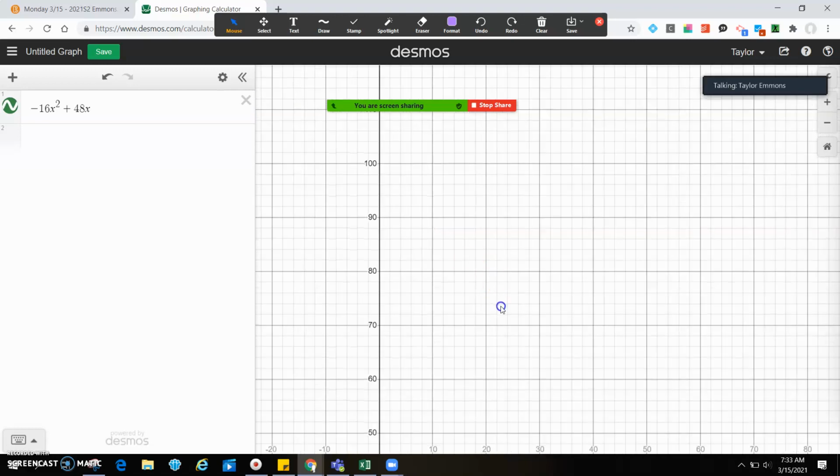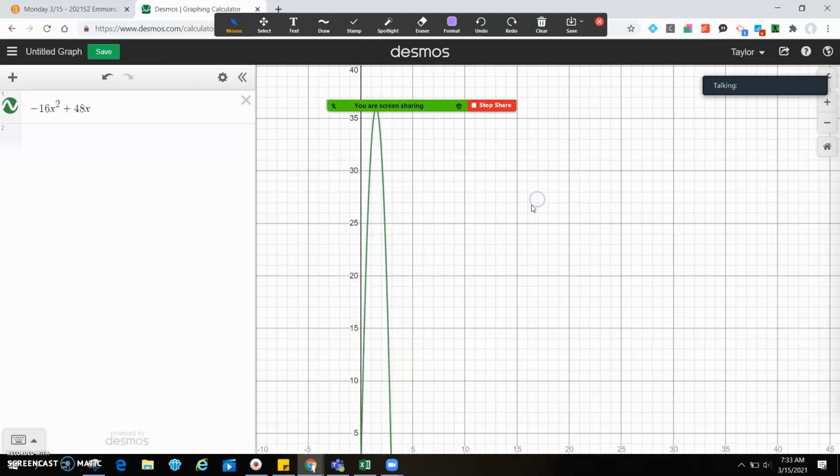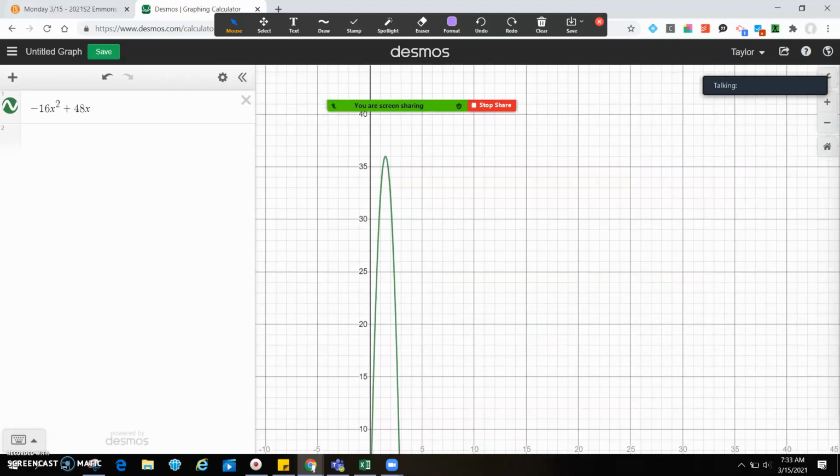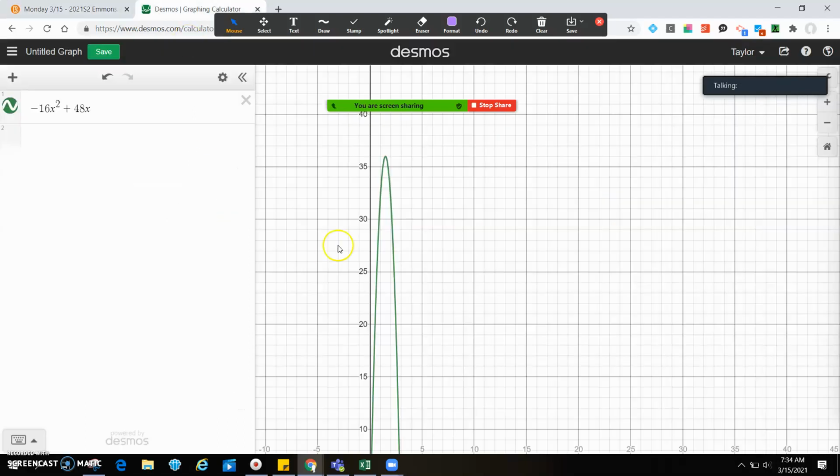Okay, we're going to look at the graph. And then the question actually asks, when is it at or above a height of 32 meters? So we're going to look at our y values.